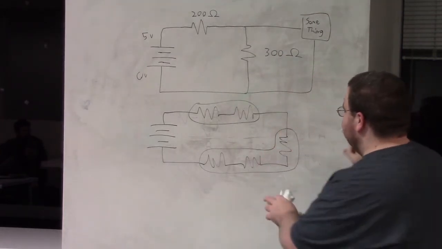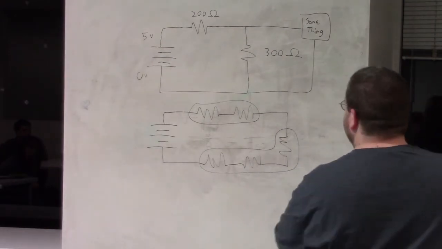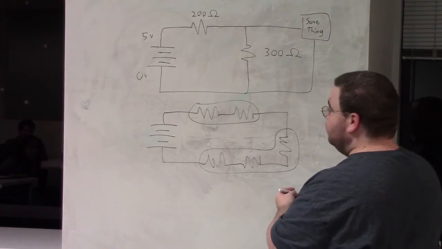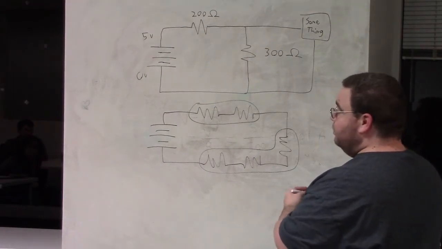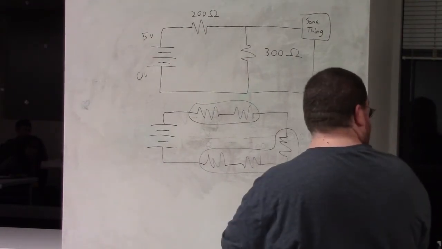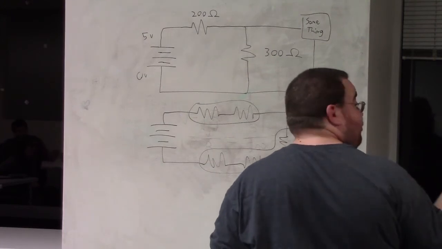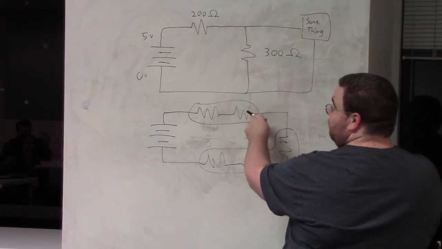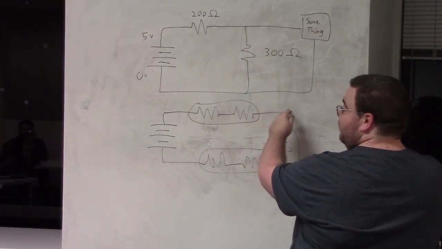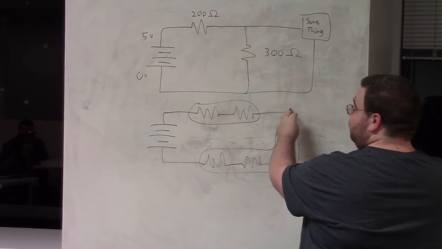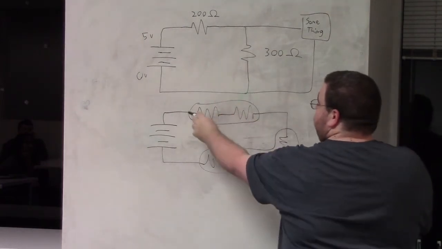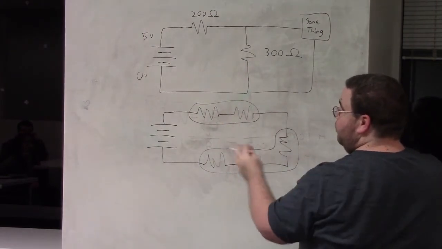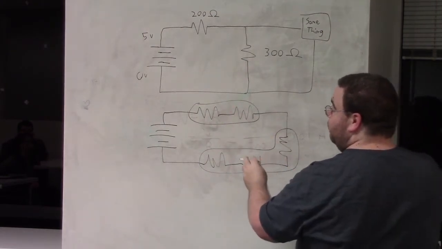Go back to your Ohm's law and show them. So you have your 5 volts, and then you would find your current, which would be the same throughout your entire circuit, right? And that would give you your voltage at any point. That's the other way to do it: because you know this is going to be 0.01 amps, you can figure out the rest.